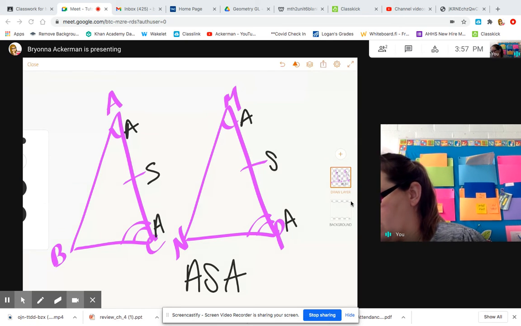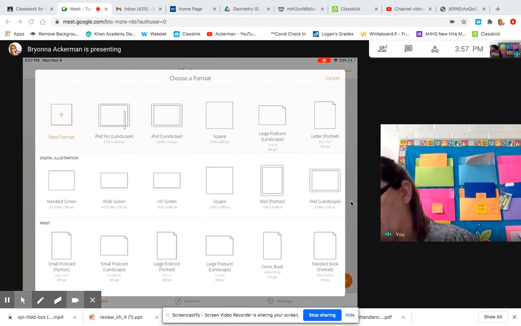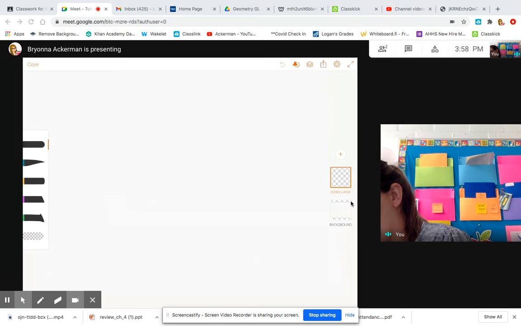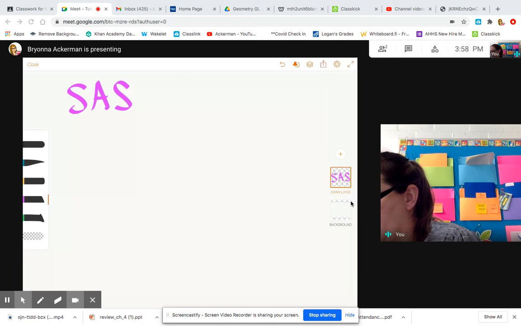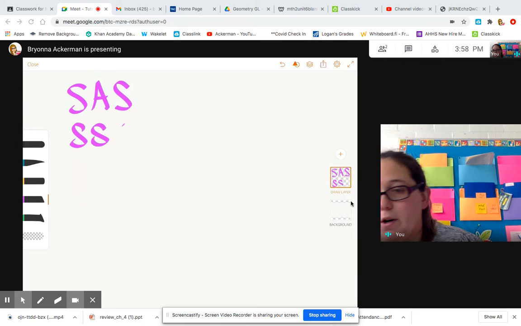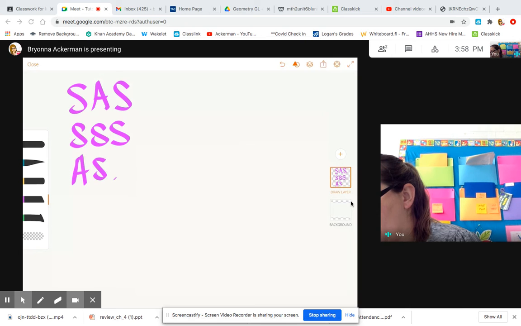So let's just refresh the ones that we know. We've already done a few of them, but we know that SAS works. That was side, angle, side. We know that side, side, side works. We know that angle, side, angle works. We know that angle, angle, side works.